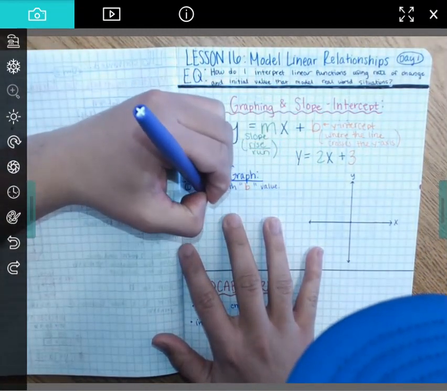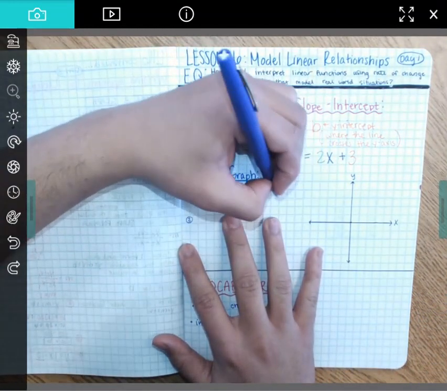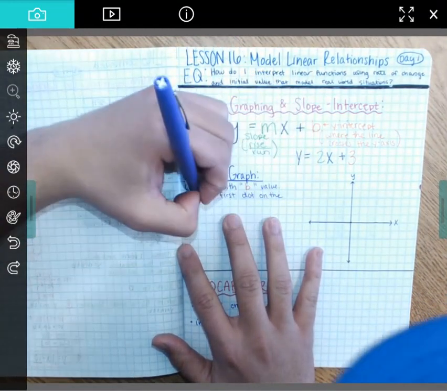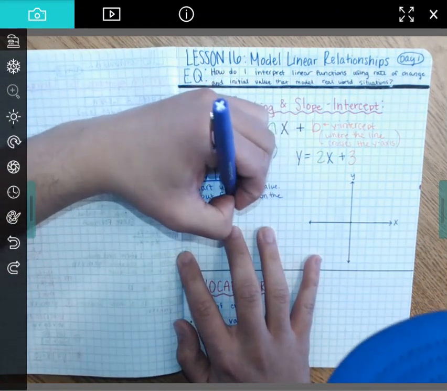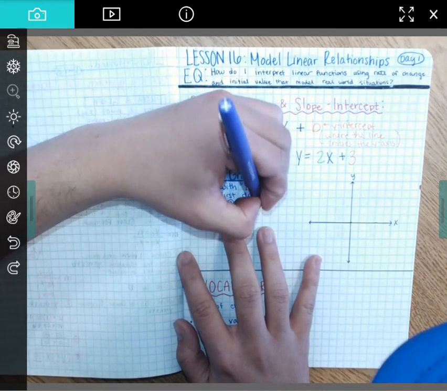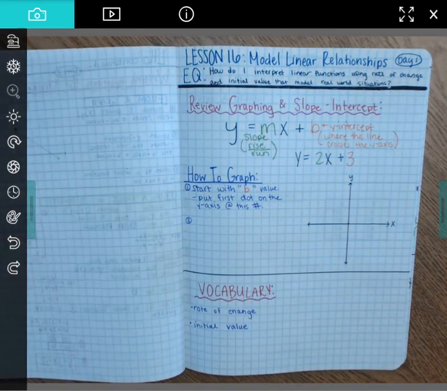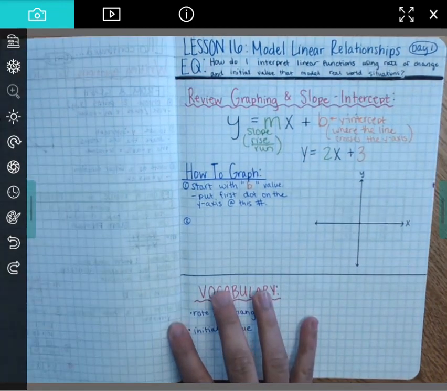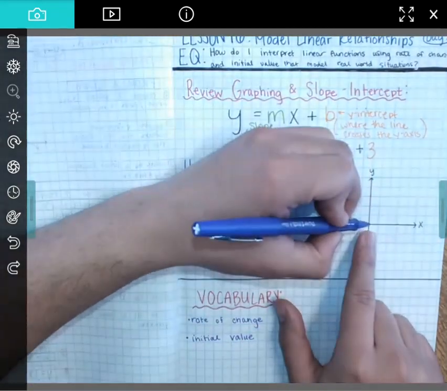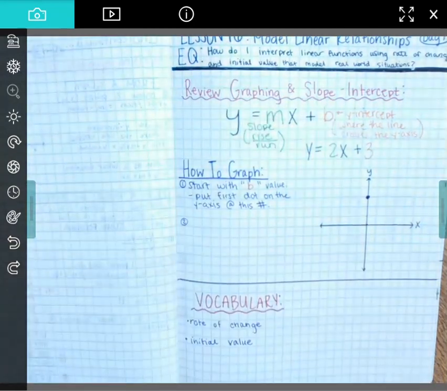That means we're going to put our first dot on the y-axis at this number, which is 3. So we go to our y-axis, count up 3, 1, 2, 3, and that's where we put our first dot.